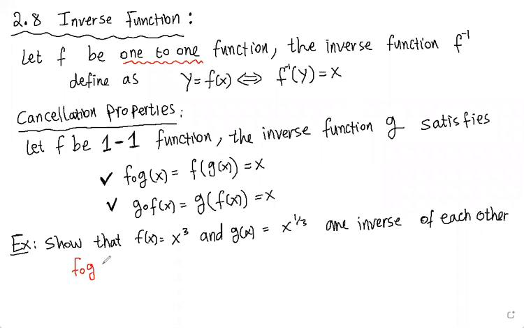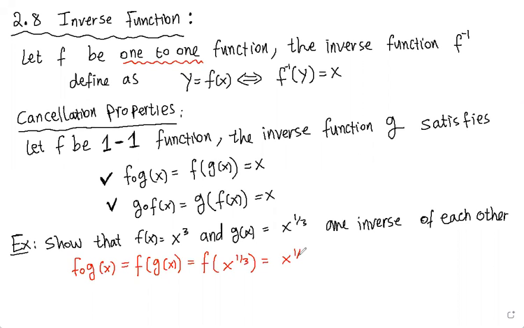f circle g of x gives me f of g of x. What is g of x? x to the 1/3. Yes, thanks. Now I plug this inside f of x. What do I get?